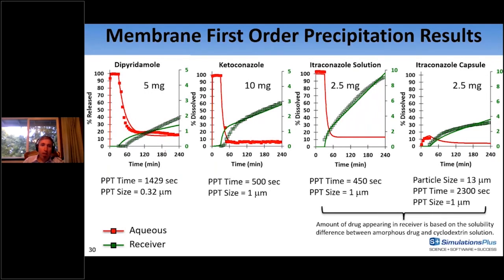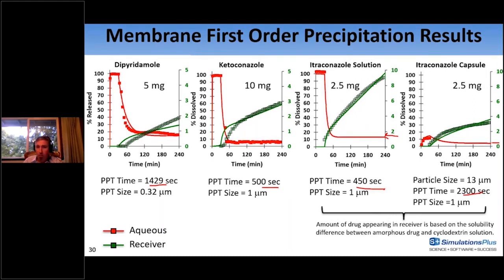But regardless, we're able to predict precipitation times of 1429 for dipyridamole, 500 for ketoconazole, 450 for itraconazole solution, and 2300 for the itraconazole capsule. So again, the solution is precipitating much faster than the capsule. You can also see that the final concentration that the drug precipitates to is different in these models, right?